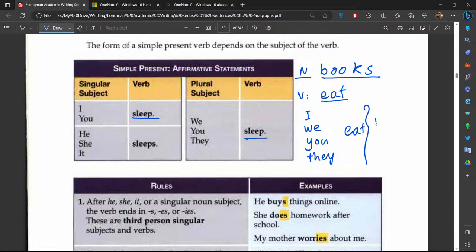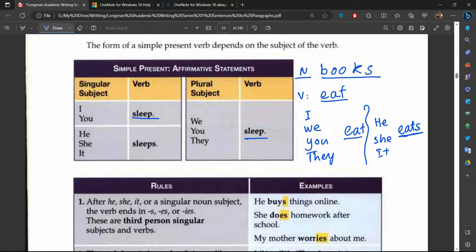But for he, she, and it, he, she, it eats. He eats, she eats, it eats. It just shows the form of the verb that has been used. It doesn't show that he is eating more.